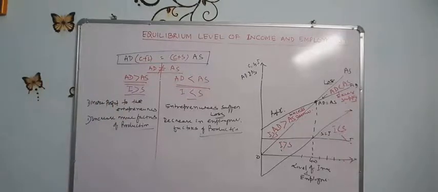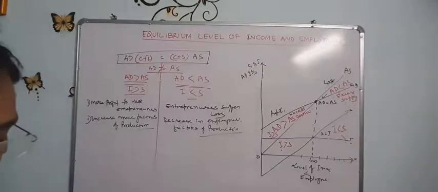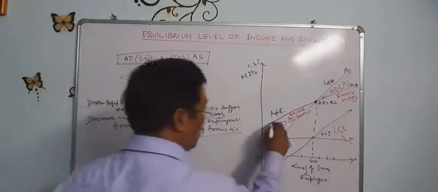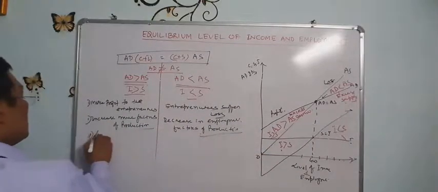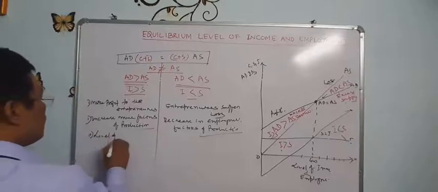So below this equilibrium level of points, where AD equals AS, there is an expansion of the level of output of goods and services, because demand is more, so the level of output will increase.